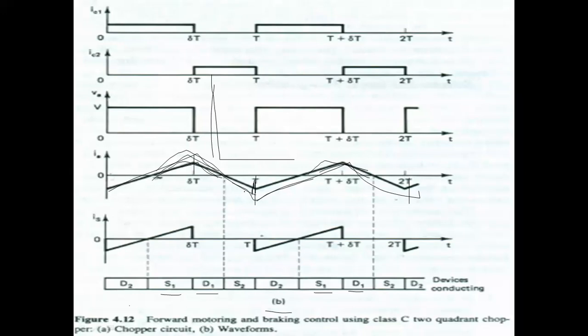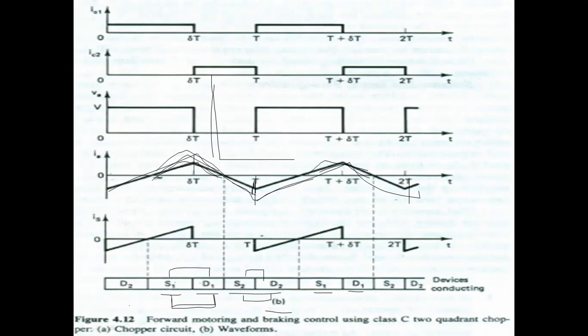From this we can say that the forward motoring current is carried by S1 D1, and the braking current is carried by S2 and D2.